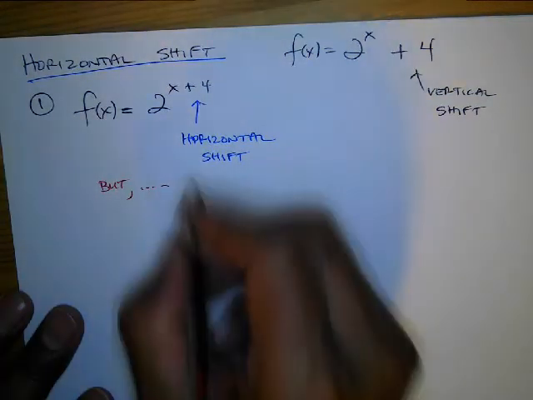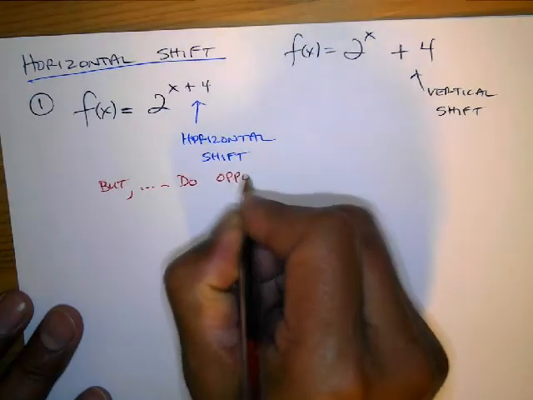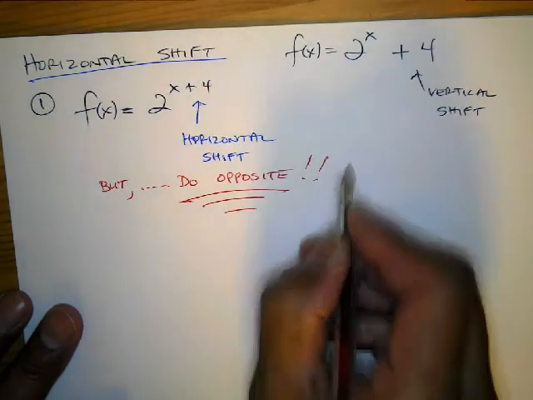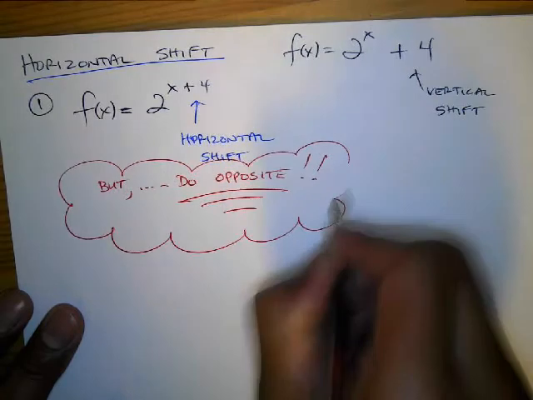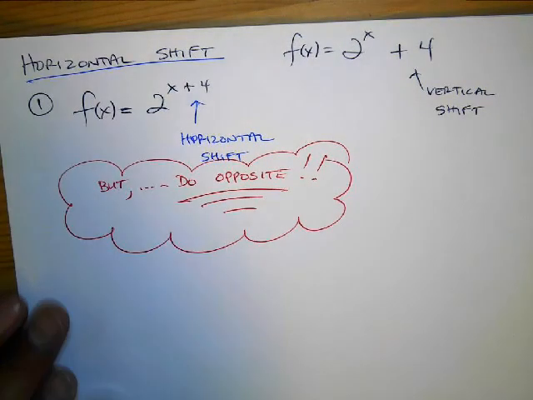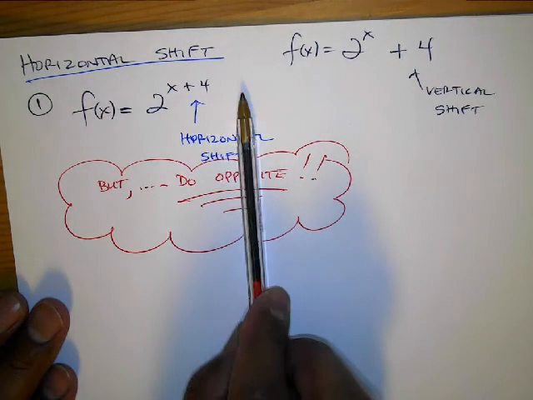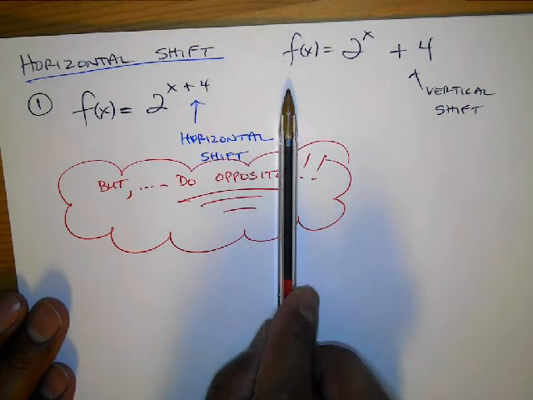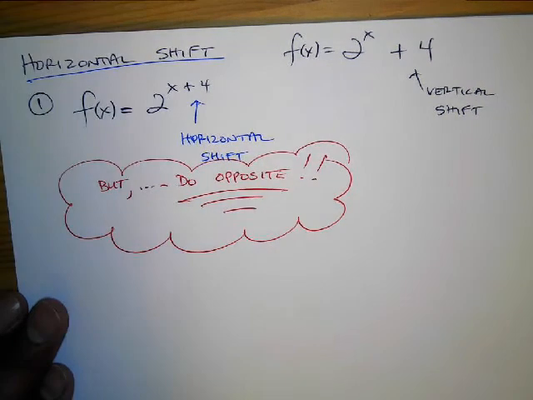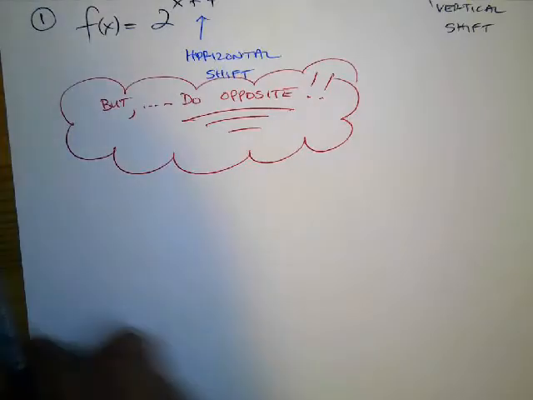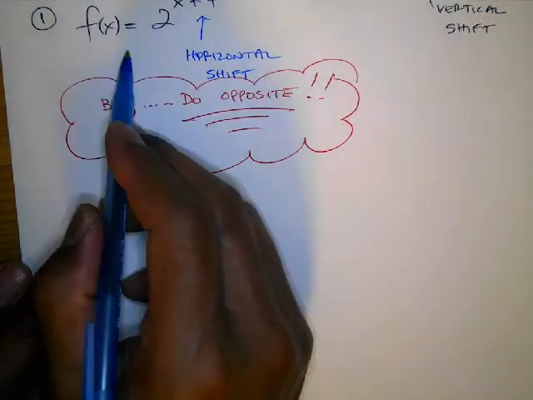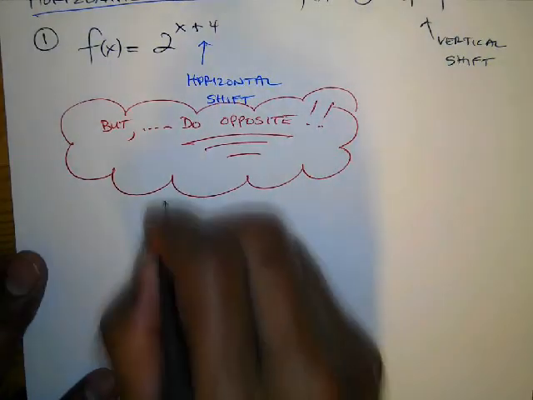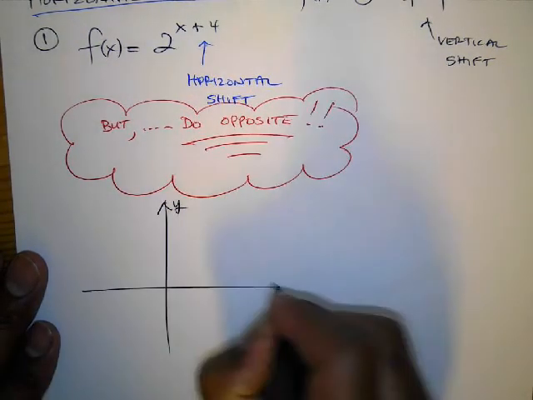Whatever was in the parentheses or in the absolute value, you do the opposite. Well, same thing. Make this really obvious. You do the opposite. So obviously horizontal is left, right. If it says plus 4, yeah, you'd think, move it to the right. Yeah, it's the opposite. You go to the left. So that's it. Let's do this one. So number 1, again, we got to start with the parent graph. The parent graph being what?